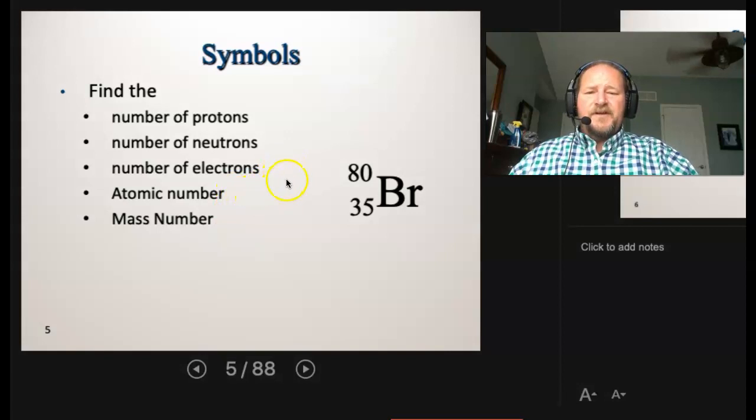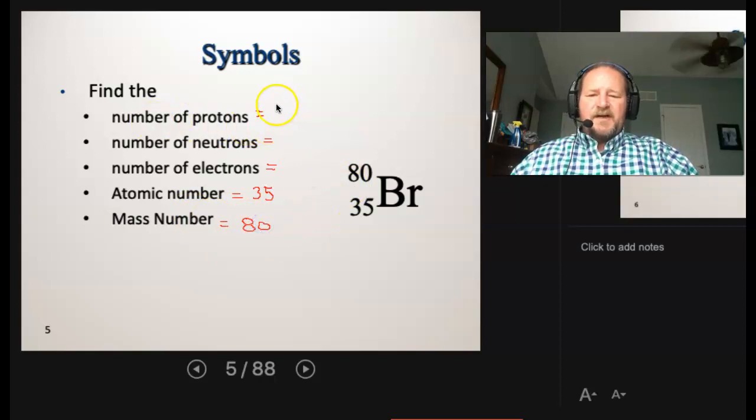All right, so if you did pause and you worked it all out, now it's time to see how you did. So again, we're going to say the number of protons, number of electrons, atomic number, and mass number. So the first thing is, hopefully you didn't get these two confused. The atomic number is 35. Mass number is going to be 80.